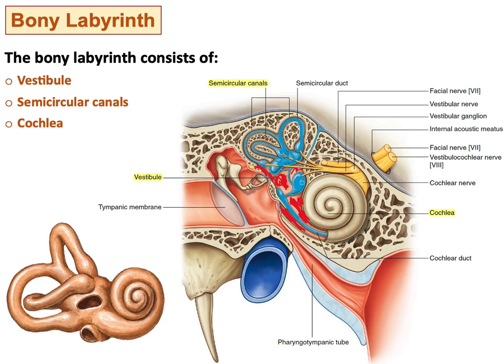That means you have endolymph and you have perilymph. Here it is located outside, surrounding it inside the bone, right? It surrounds and suspends the membranous labyrinth.